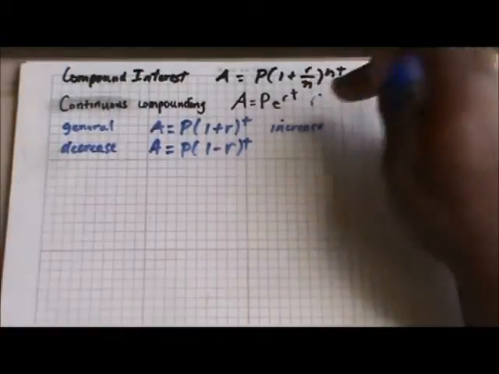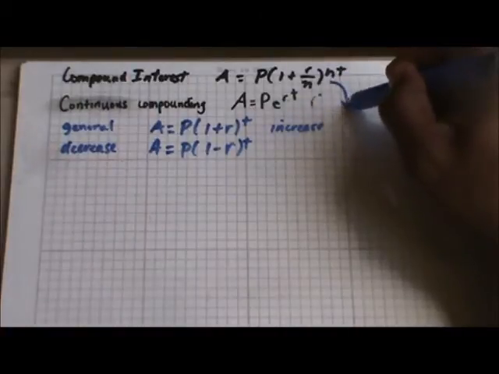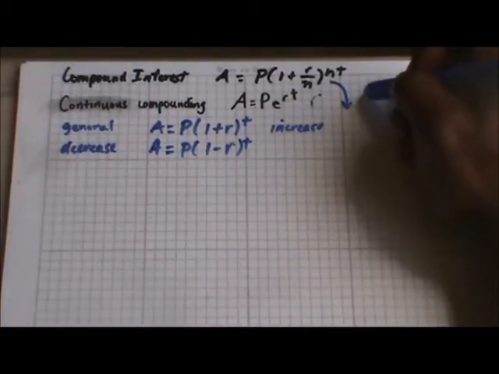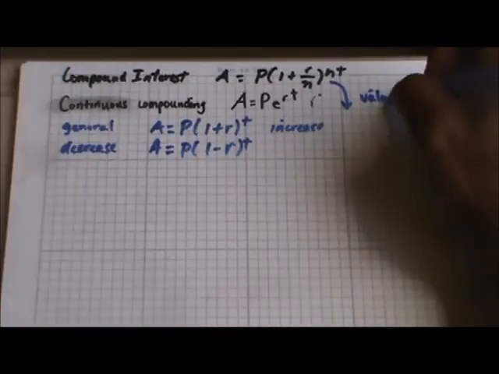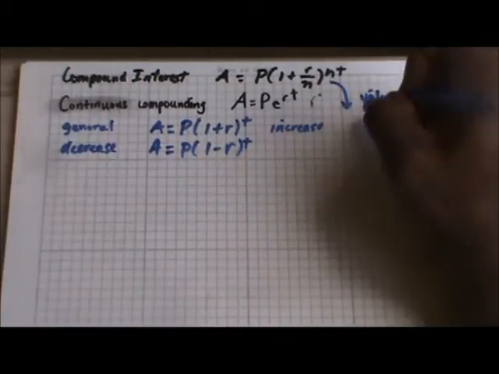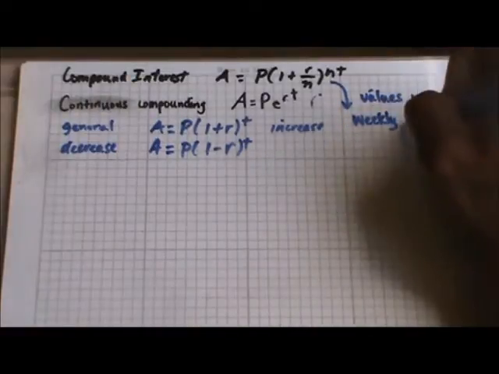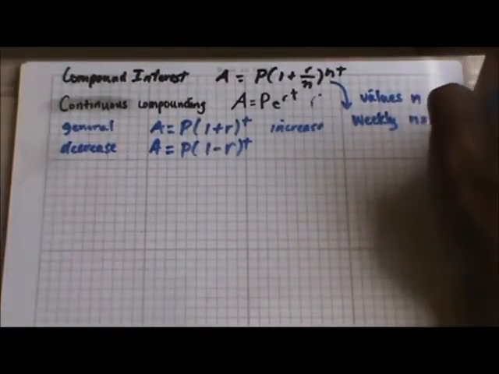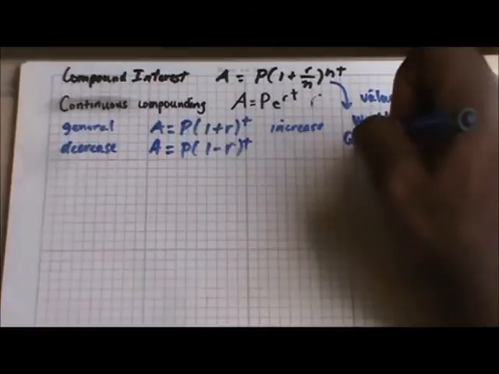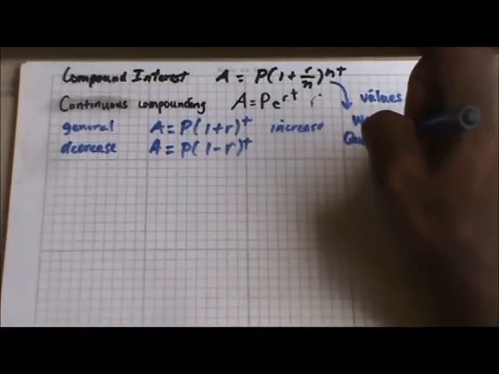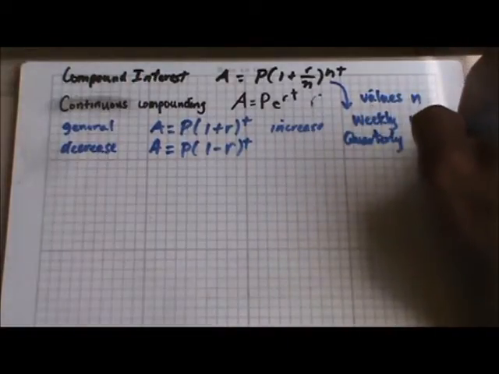The other thing is that when we use the compound interest formula, we need to know our values of n, and they won't be given to you. If we're talking about something compounding weekly, n is equal to 52. If it's quarterly, which we usually come across, n is equal to 4.